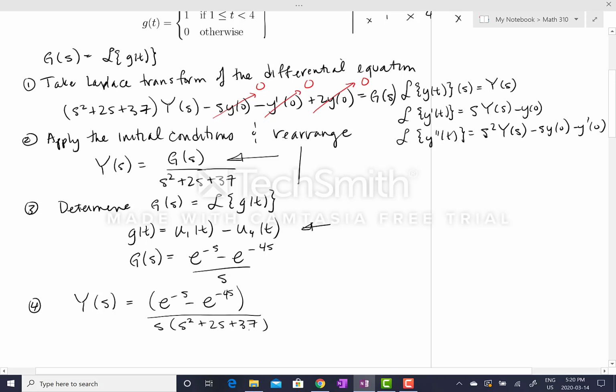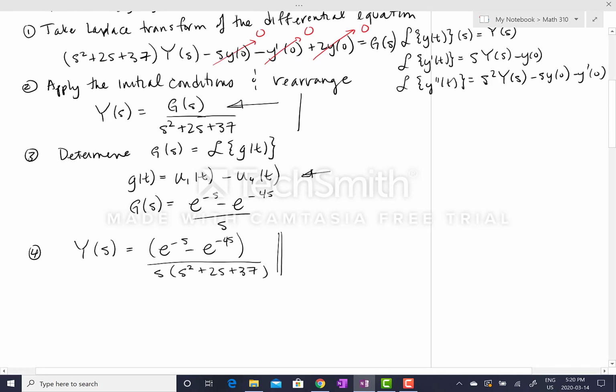Okay, so now we need to find the inverse Laplace transform of this guy here. That looks a bit daunting at first sight, but let us break it down into steps. First of all, we would be able to find the inverse Laplace transform without those e to the minus s and e to the minus 4s sitting there in the numerator. So let us take a look at just the denominator of that fraction.